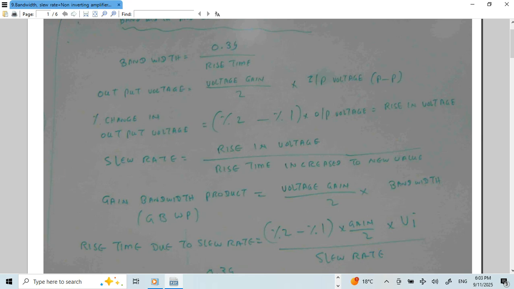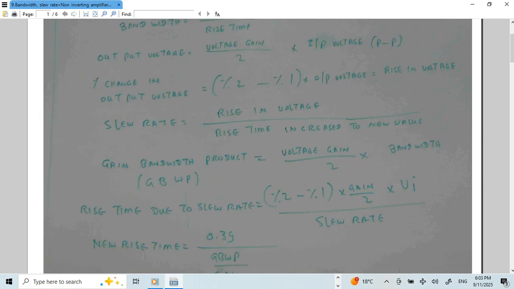That's our output voltage response to the input, and these changes in the input can affect the output change. So this is the rate of change, the rate of the response of the output to the input change. This is the slew rate. The slew rate you can calculate.